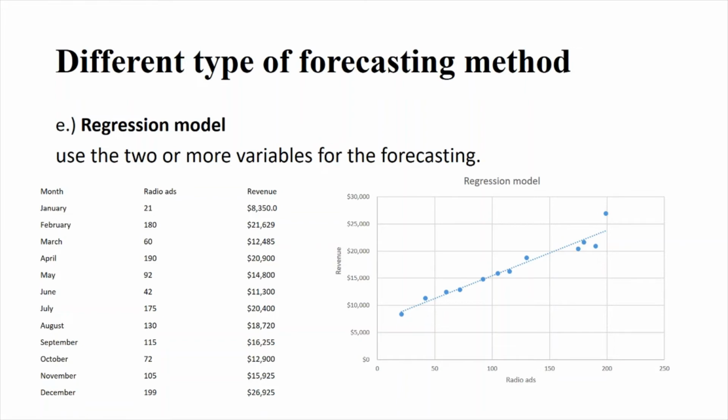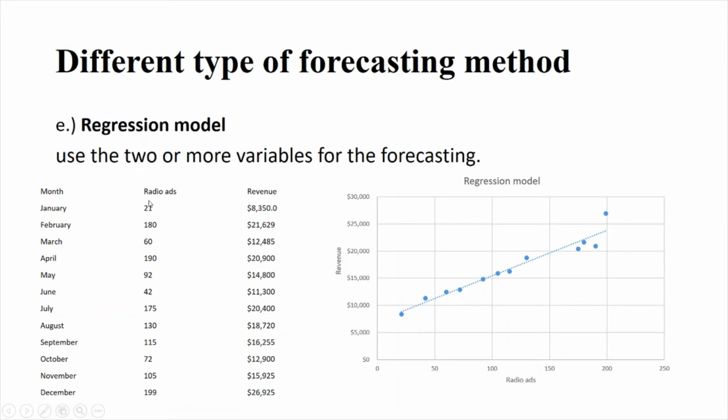A company makes many radio ads in many states. In January, it published many radio ads in 21 states, and its revenue is $8,350. In February, it published many ads in 180 states, and the revenue of the company increased, and the new revenue is $21,629.